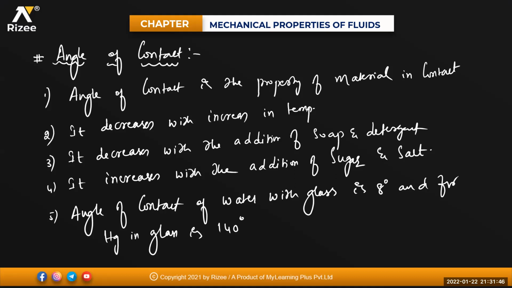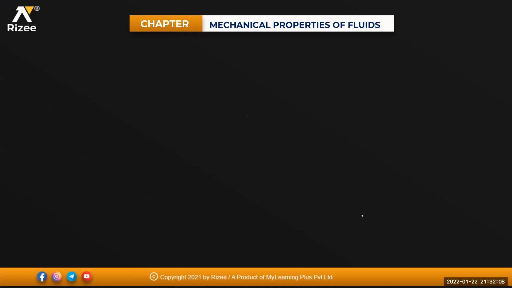It is an NCERT point, beta, you need to remember. Angle of contact is a property of material. It decreases with increase in temperature, decreases with addition of impurities like soap and detergents or whatever impurity you take, whereas it increases with the addition of sugar and salt, like electrolytes. Angle of contact of water is 80 degree and that of mercury with respect to glass is 140 degrees. Clear?